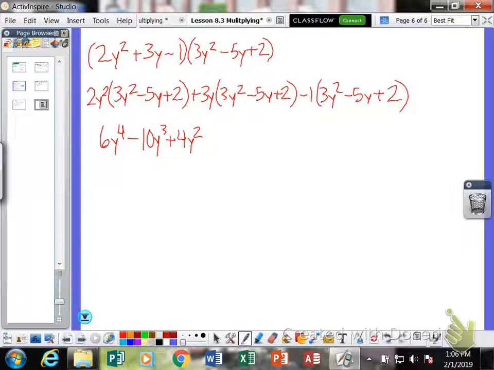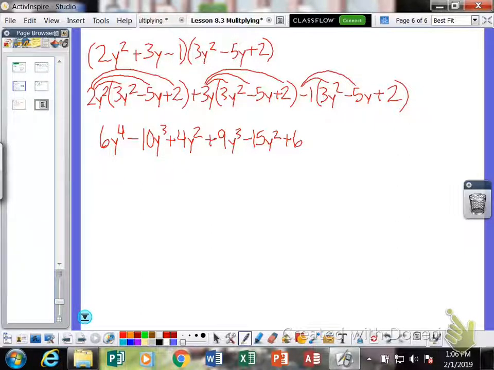I'm distributing the second one. It's going to be plus 9y cubed minus 15y squared plus 6y. Remember guys, we're distributing this into each of these terms here. Now I'm going to distribute this negative 1 into each of these terms in parentheses here.